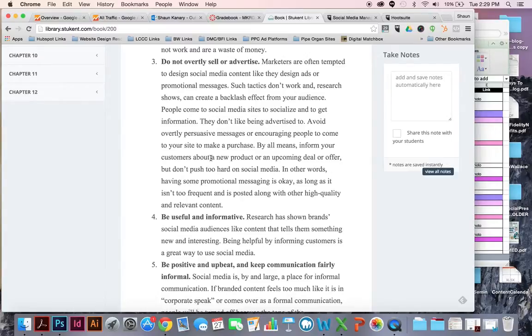Again, for every 1 piece of self-promoting content that you're trying to sell, share 4 or 5 other pieces of articles that are not selly or advertising. People don't like being advertised to, so try not to force promotional messages on them. Think about your DVR. You record your TV shows and fast forward past commercials.